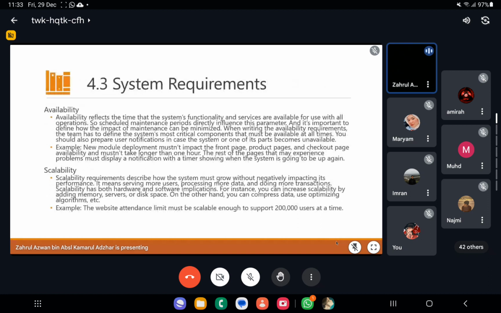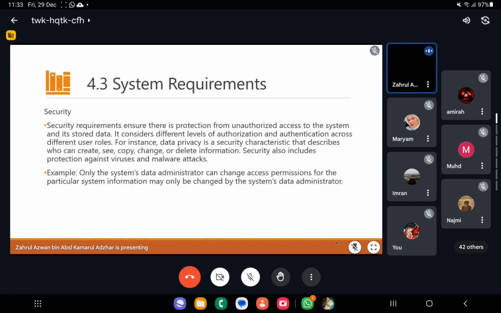Okay, so first you have both functional and non-functional requirements in the system requirements. You have to tell the scenarios in the systems, and then you have to tell the readers the types of functional and non-functional requirements that you classified for your system through the data that you collected.